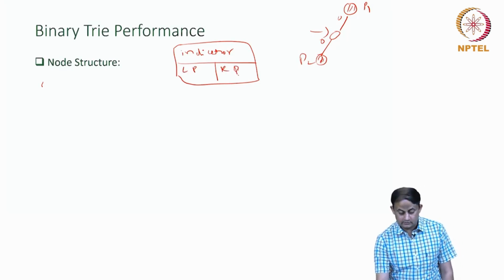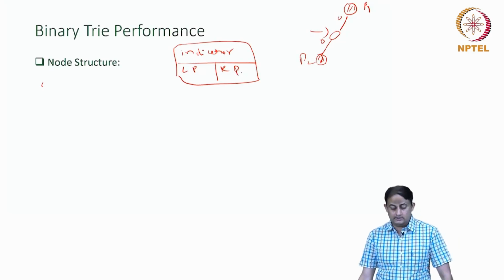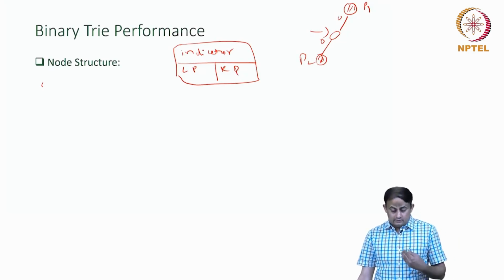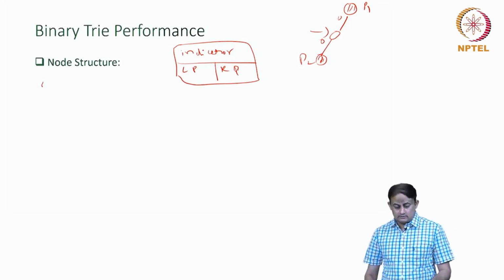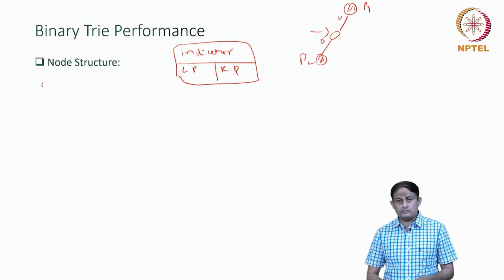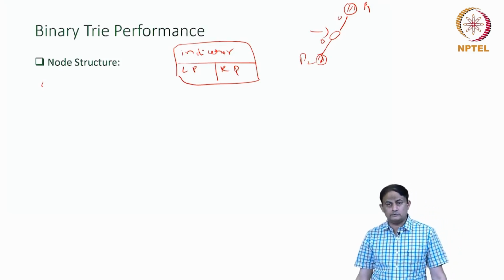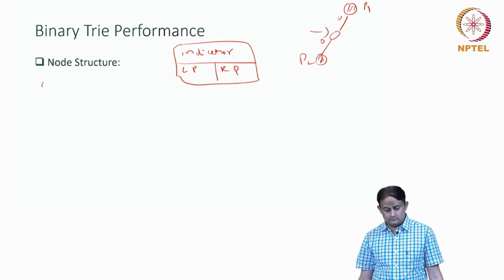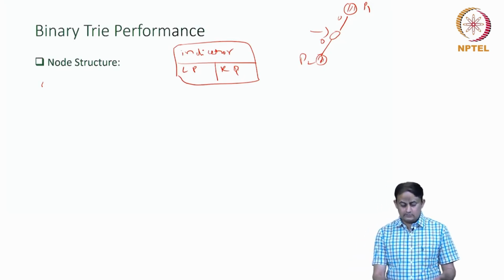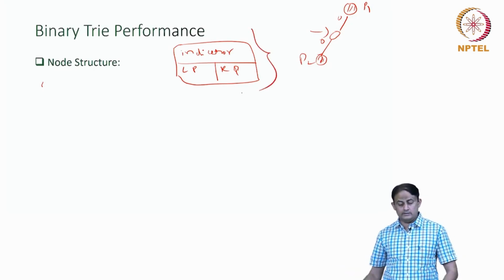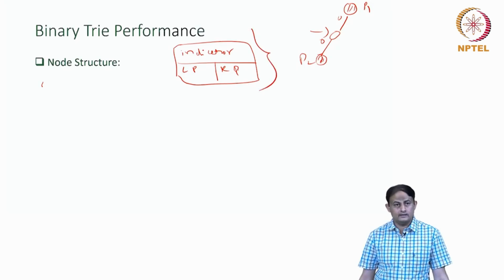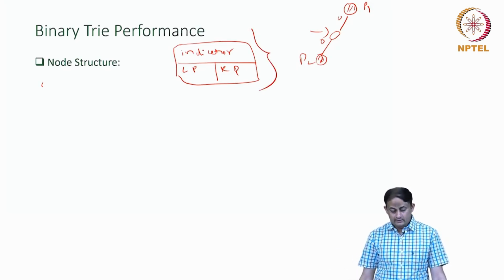So every node can have this kind of structure, and you need to create as many structure variables as there are nodes in the binary trie. So if there are n nodes, then n times whatever space each occupies would be the space required for the entire trie.